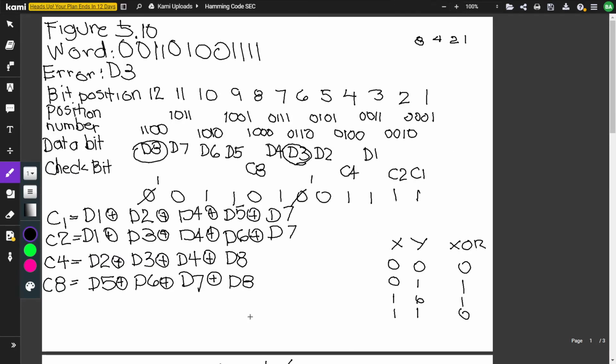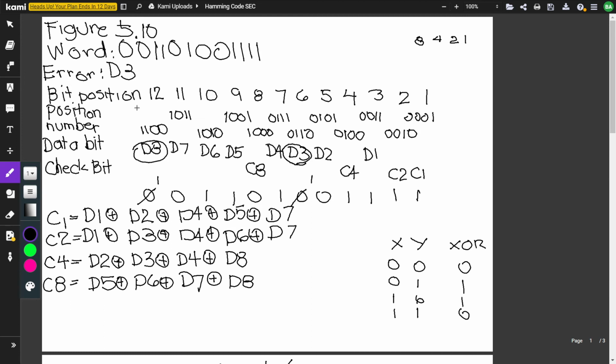So that is the tutorial for Hamming code for single error correction. So again, to solve for Hamming code, you should have the word, and then you have to count how many digits there are in the word, and also what specific data bit position has the error.